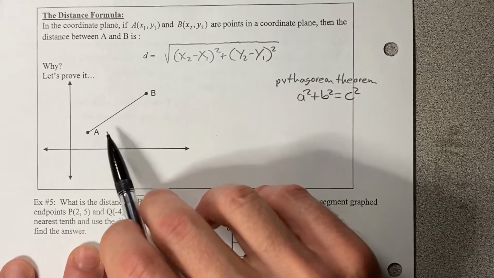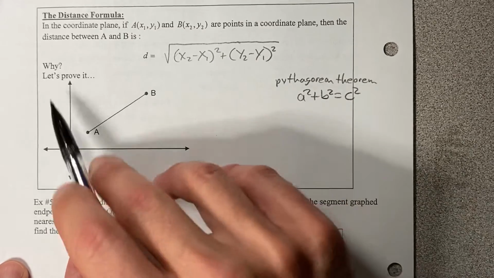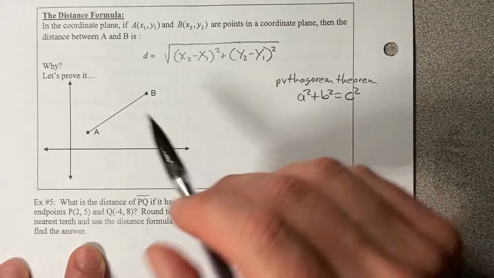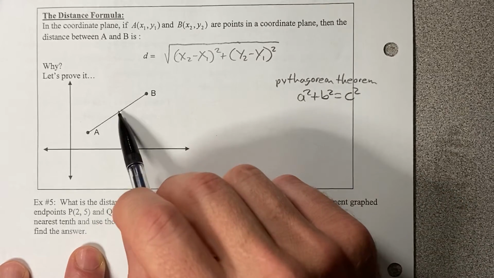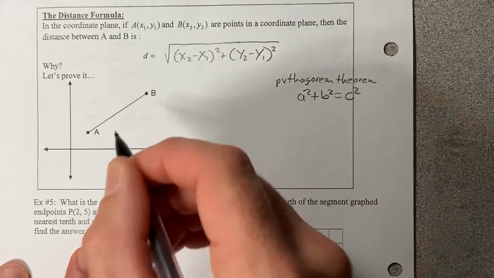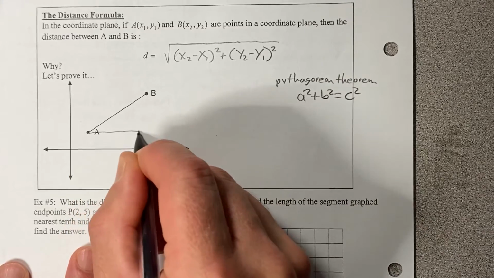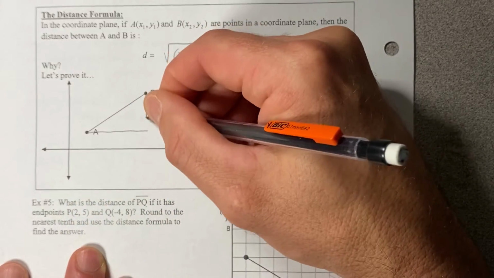Well, I want to show you that when we've got a segment graphed in a coordinate plane, we can think of it as being the hypotenuse of a right triangle.